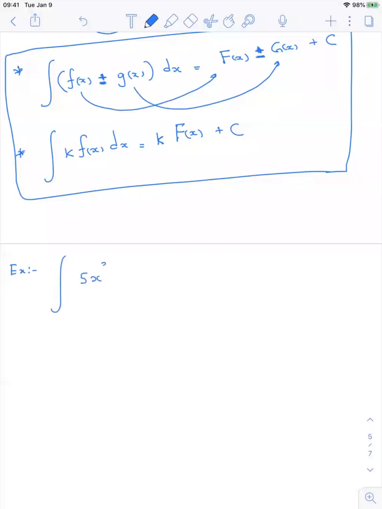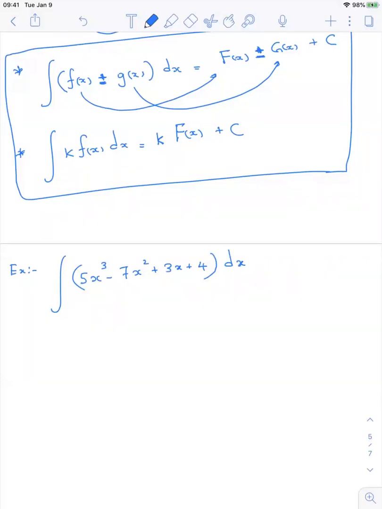These types of functions frequently appear in physics as well. Minus 7x squared times dx, right? Now let's say you need to integrate this function. How would you do that?